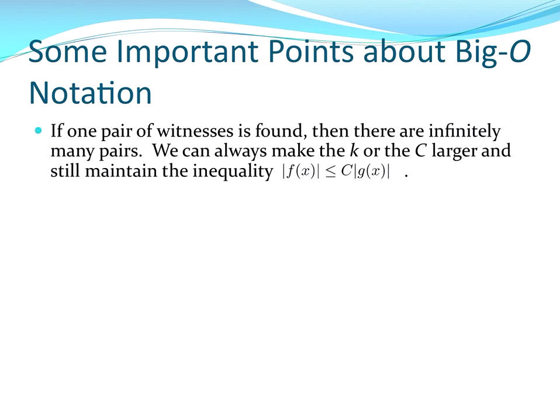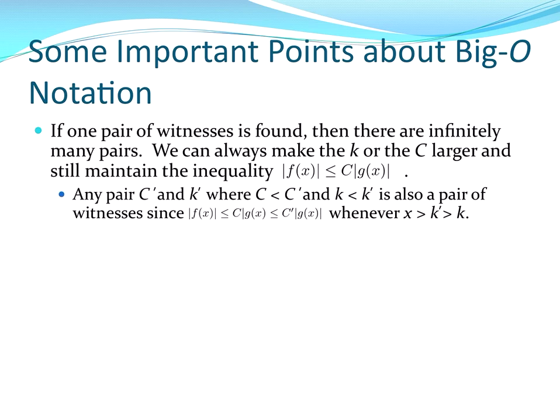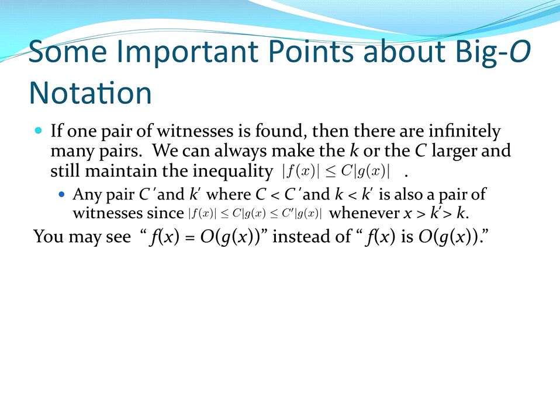All right. Once we find a pair of witnesses, we'll know that there's really infinitely many pairs because you can always make k or c larger and still meet the definition of big O. That's what this next line says.